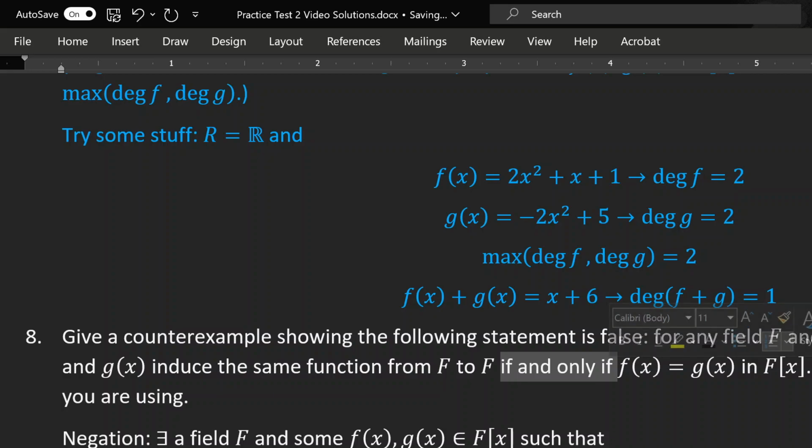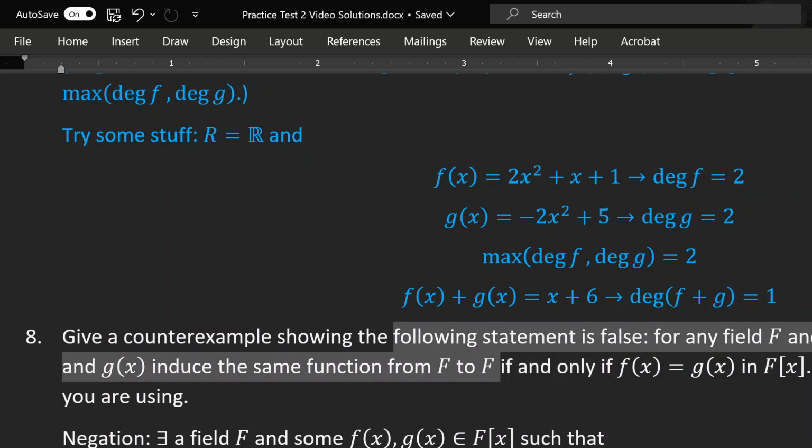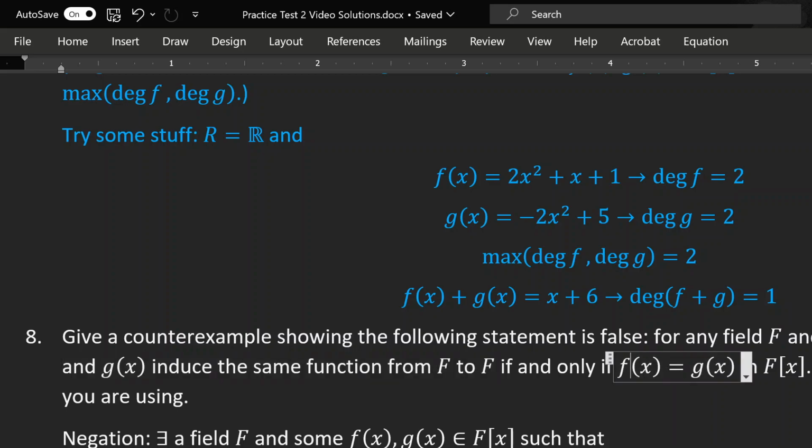So if you want to show that an if and only if is not true, you need to find a situation in which the two parts have opposite truth values. So you have two ways to do that. You can either find a situation where this left half is true and the right half is false, or you could find a situation where the left half is false and the right half is true.